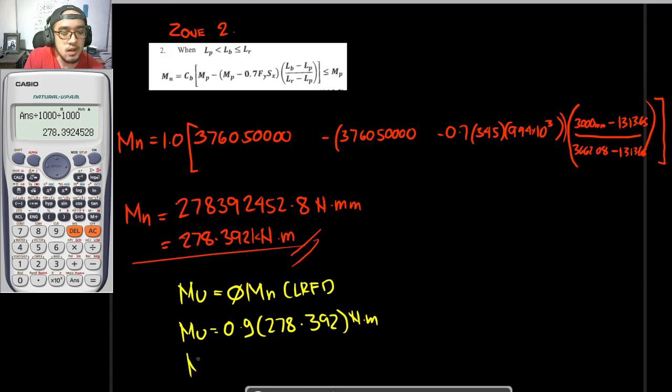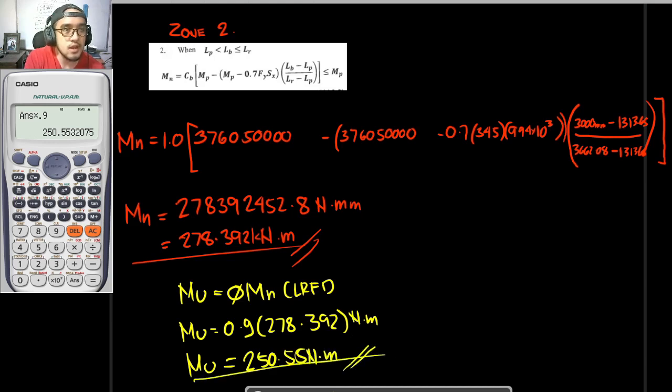So our ultimate strength, or our design strength I should say, we would be multiplying this by 0.9. So that is to be 250.55 kilonewton meters. So this is to be the design strength.